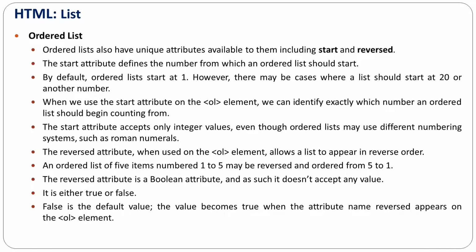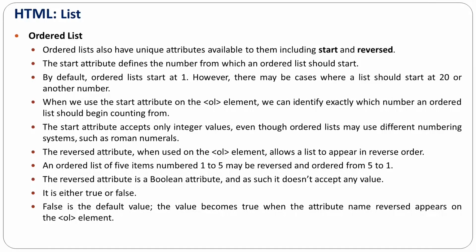When we use the start attribute on the ordered list tag, in an unordered list we were using the UL tag, while in an ordered list we will use the OL tag, we can identify exactly which number the ordered list should begin counting from. So we provide the start attribute if we want to start a list from a particular number.